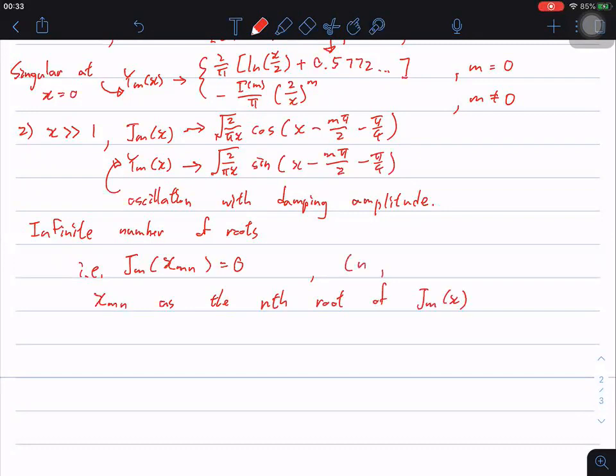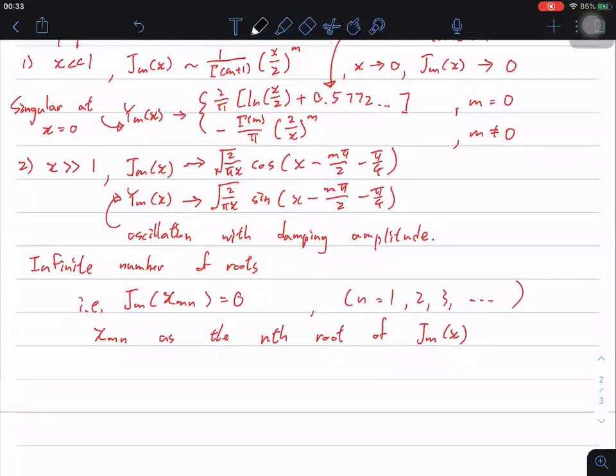So n goes from 1 and on and on, because there are an infinite number of roots. Okay, so keep in mind these two properties. The Bessel function of the second kind is singular at x equal to 0. And also, for the Bessel function, we have an infinite number of roots.